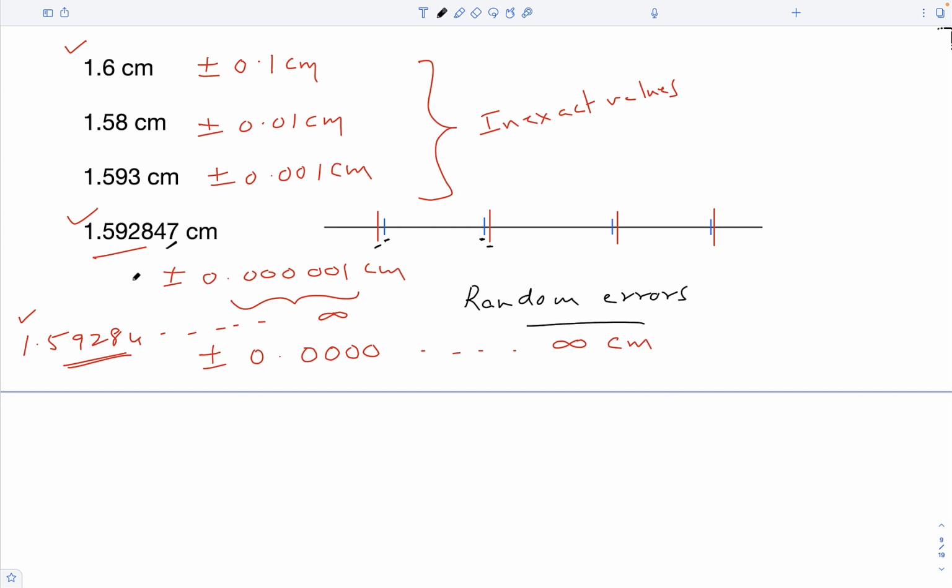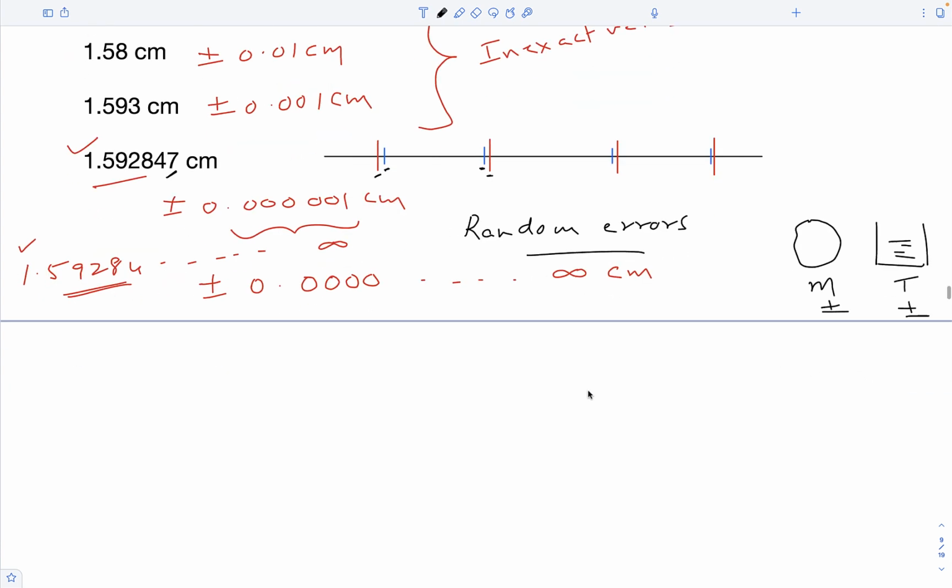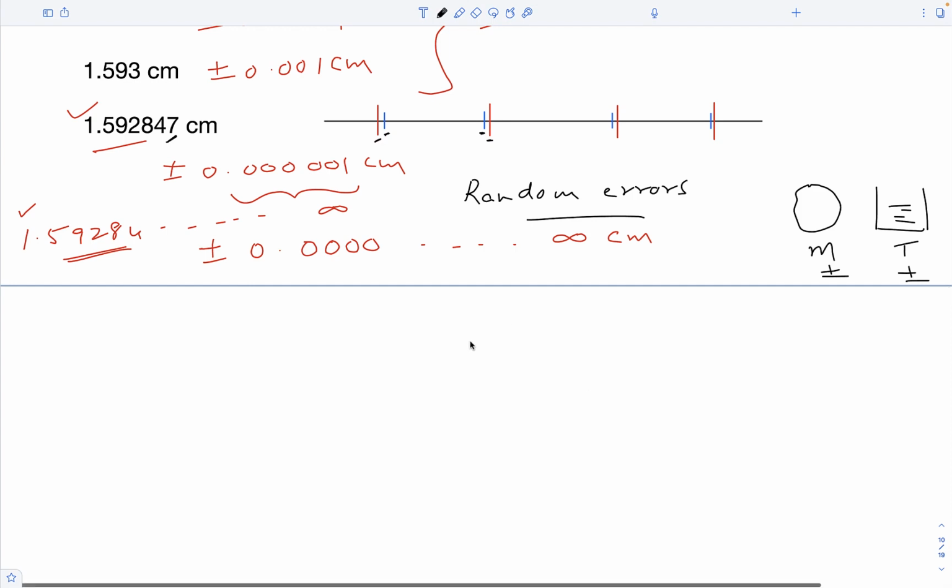So that means it is impossible to measure the exact diameter of this cylinder, or the exact mass of an object, or the exact temperature of a fluid, because these are all measured quantities, and every measured quantity has some amount of uncertainty. Then do we know the exact value of anything without any doubt or uncertainty? Of course.